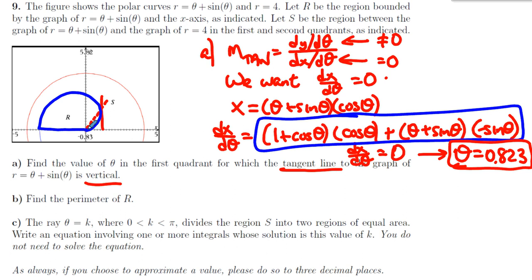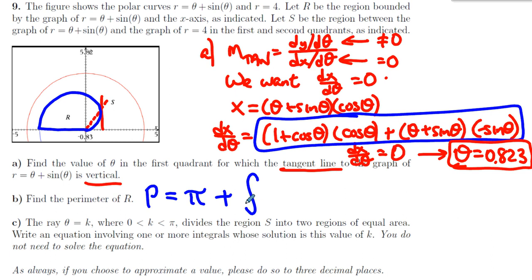And so its perimeter is the length of this line segment plus the length of that curve. Well, what's the length of this line segment? This happens at theta equals 0. This happens at theta equals pi, pi plus the sine of pi. Right? So this line segment has a length of pi.